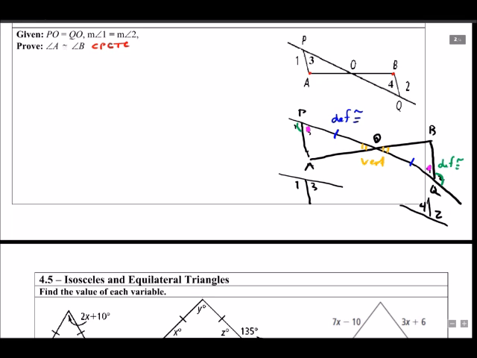We know that linear pairs are supplementary, and we know that angle 1 and angle 2 are congruent. I need a different color. These are linear pairs, and what do linear pairs tell us? That our angles are supplementary. And why am I making them supplementary?